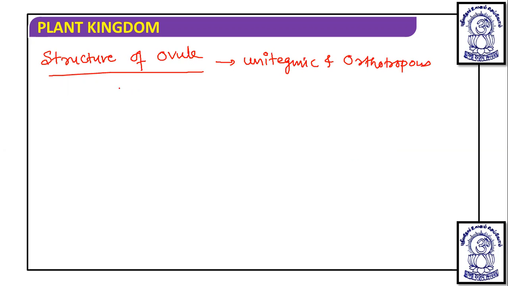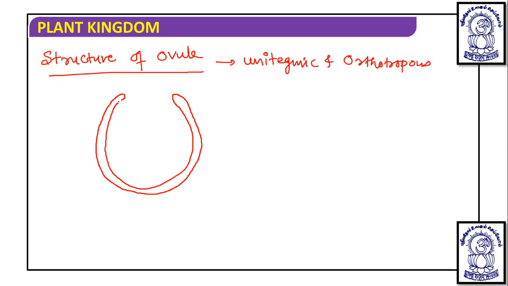Now, unitegmic and orthotropous means, suppose this is an ovule, and in the ovule, this is the integument. Within the integument, you will see here there is a pollen chamber, here there are two archegonia, within that there is an egg cell, and this is the endosperm.